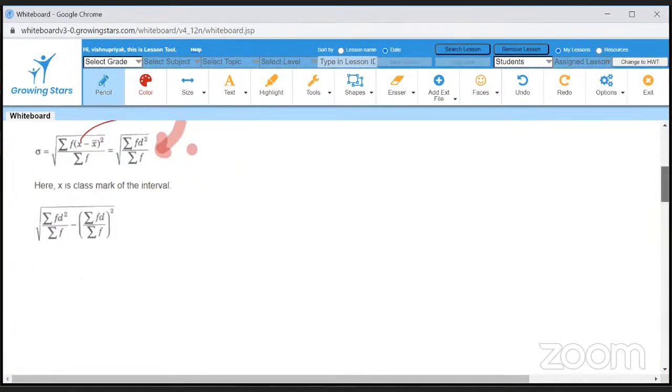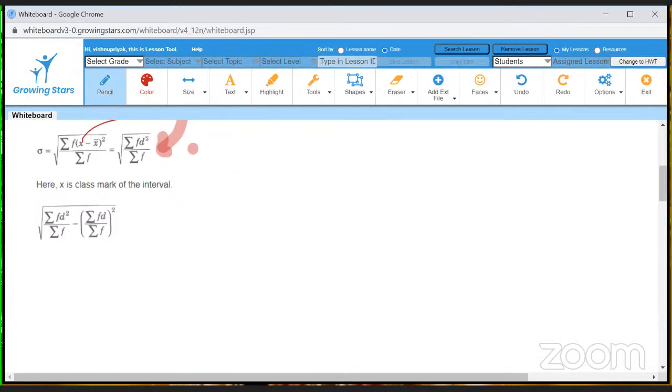There is another formula, which is written down.